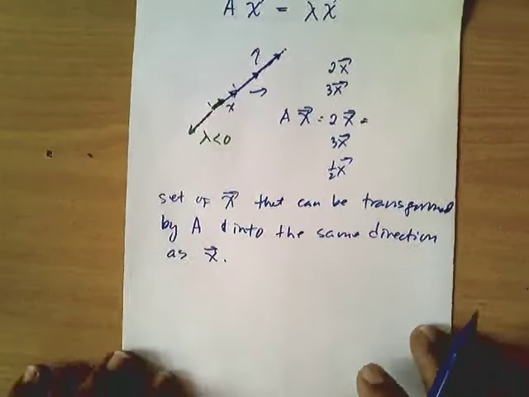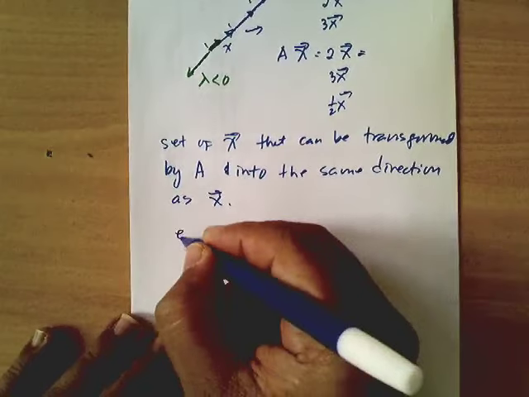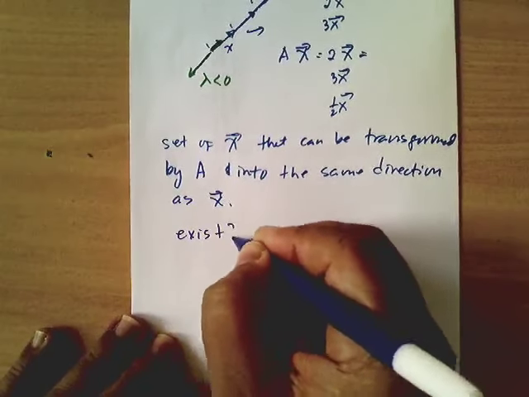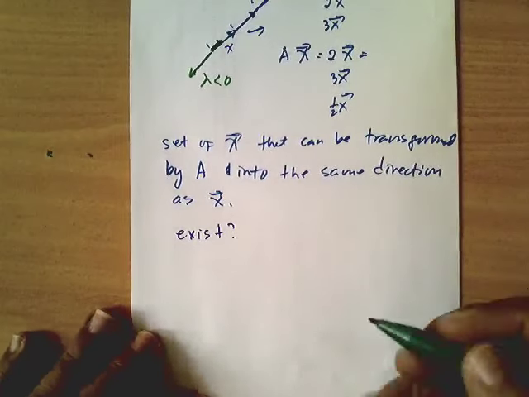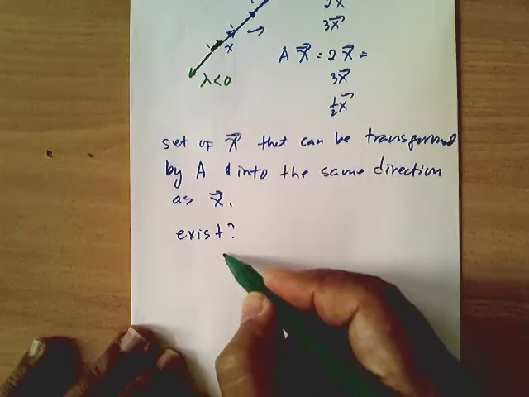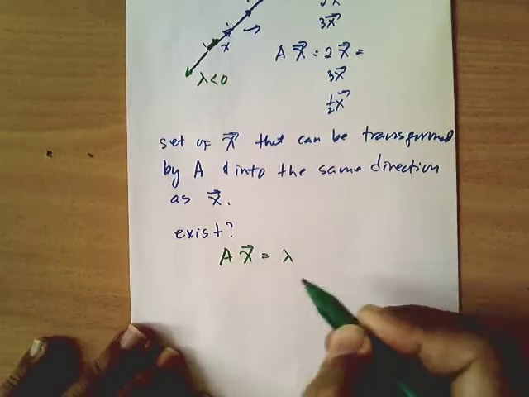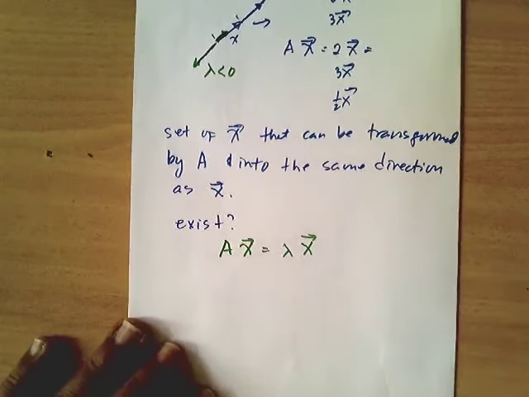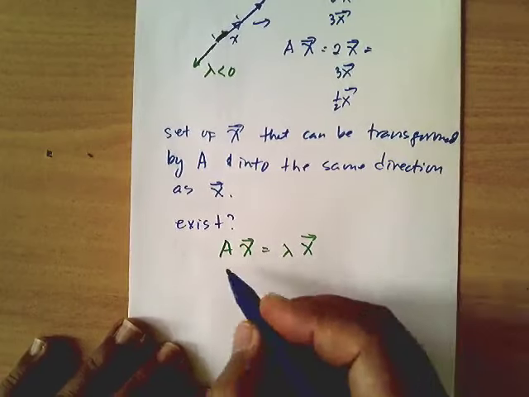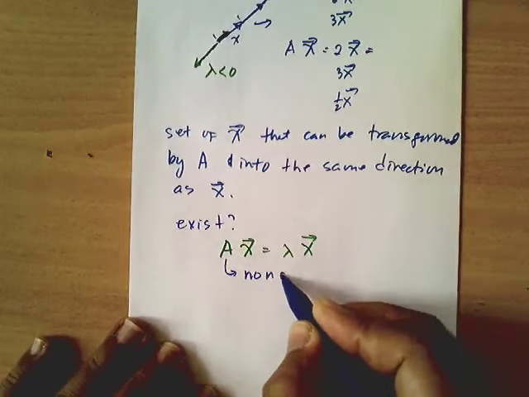Now, the question is: when do the eigenvalues and eigenvectors exist? In which instance is it possible to happen? So let's go back to the definition that I gave you, that Ax is equal to lambda x. The characteristic of A is that A must be non-singular.